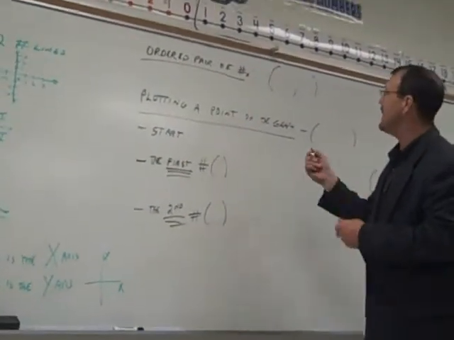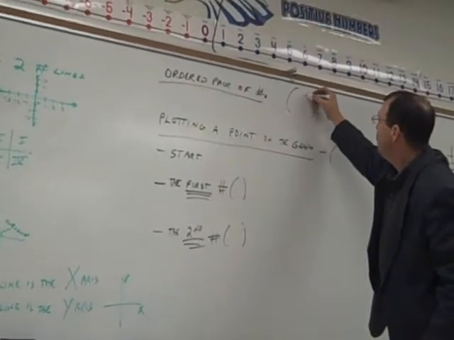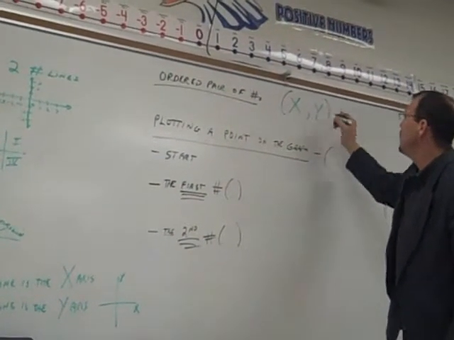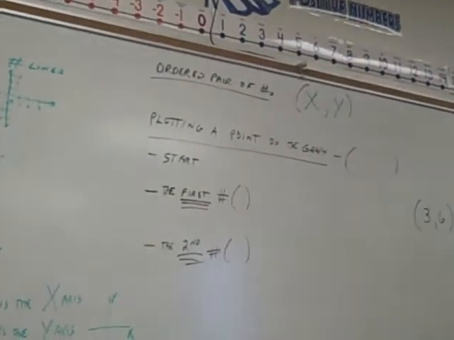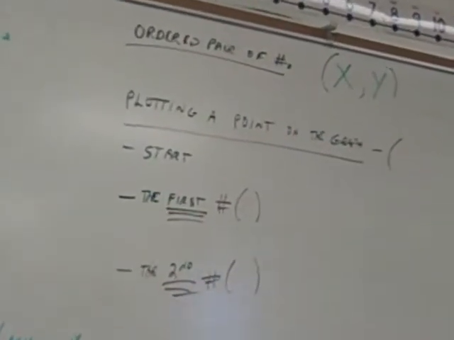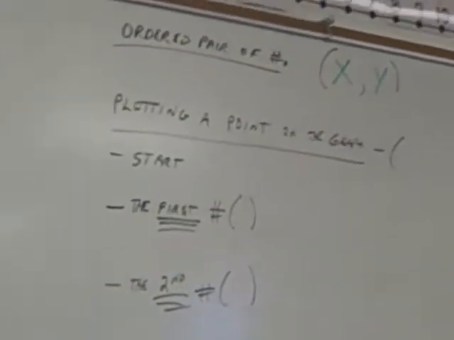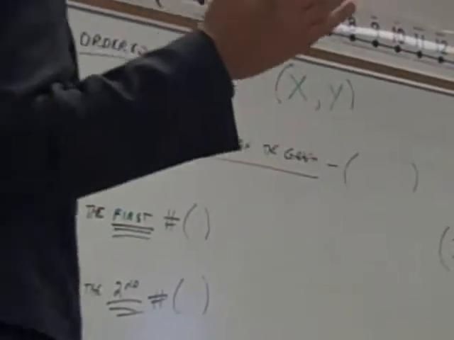That certain way is in parentheses X, comma, Y. Now, what does that imply, X and Y? The axis. X must refer to the X-axis. Y must refer to the Y-axis.